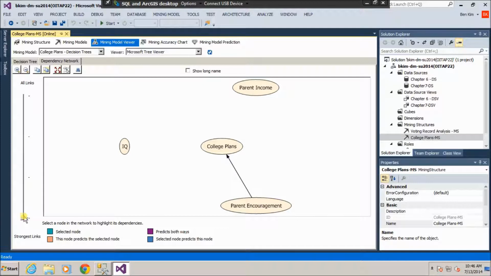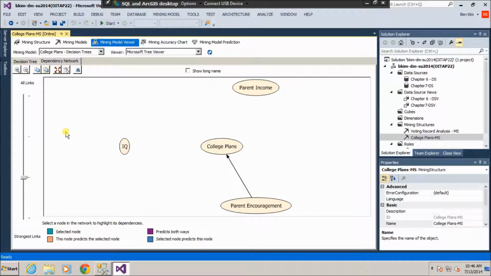We actually did that using the information gains. Remember that? By calculating information gains, we can see which one is more important than others. But you can easily see that by this graphical presentation.